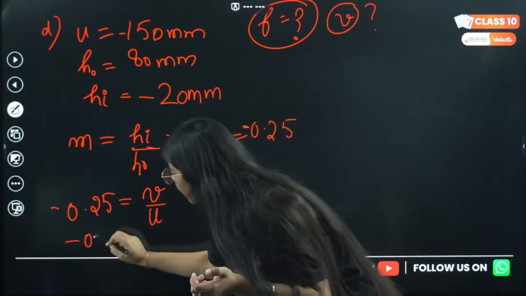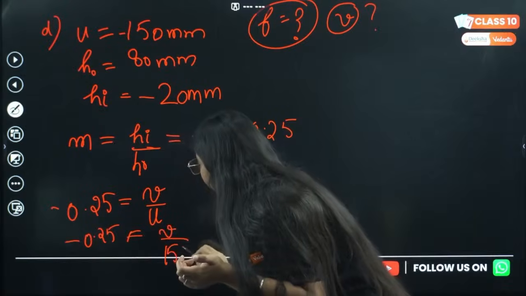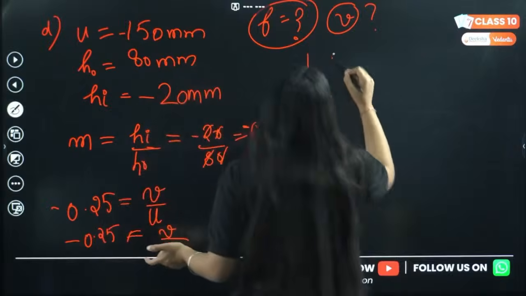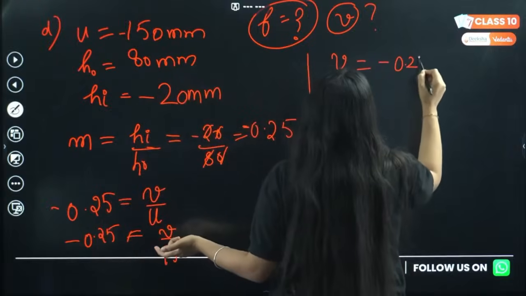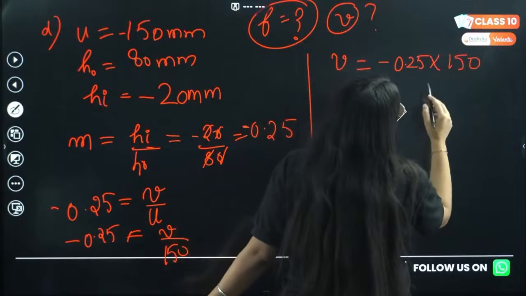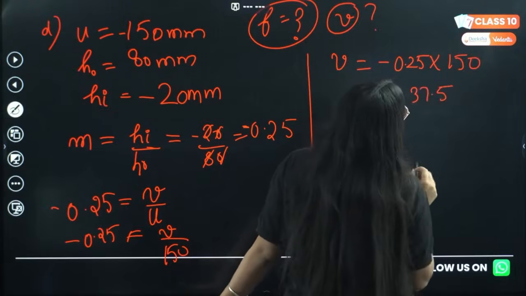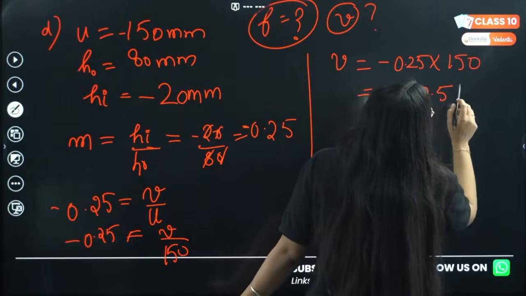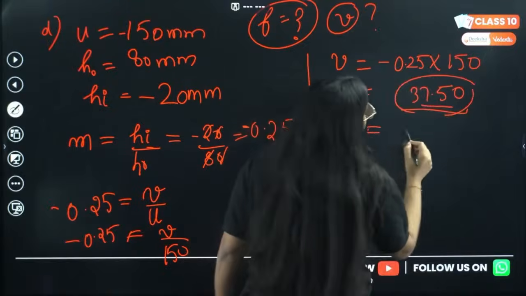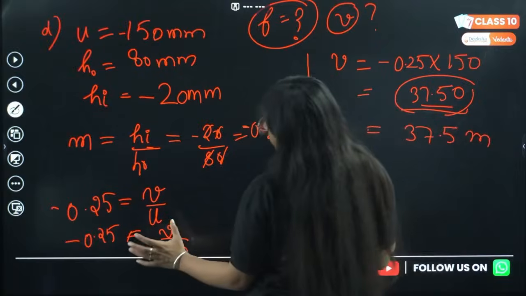So minus 0.25 equals v divided by u, which is minus 150. Correct? So if I write v equals minus 0.25 into 150, can I calculate it? This will be, I am guessing, 37.5 something. Yes, it will be something like this. So this will be 37.5 meter, or was it mm?